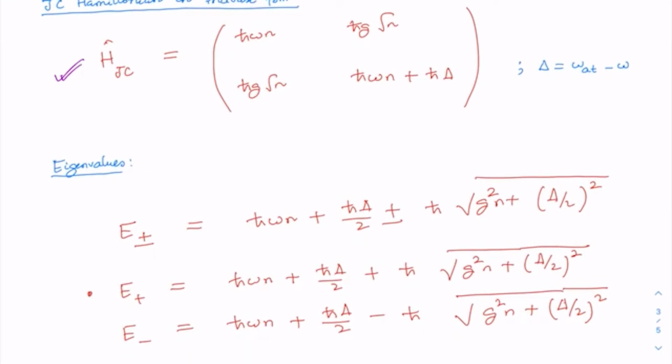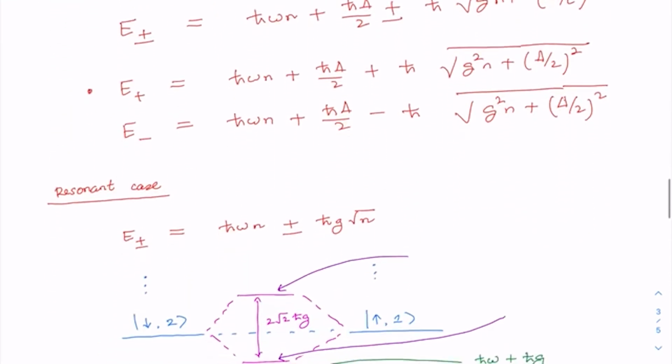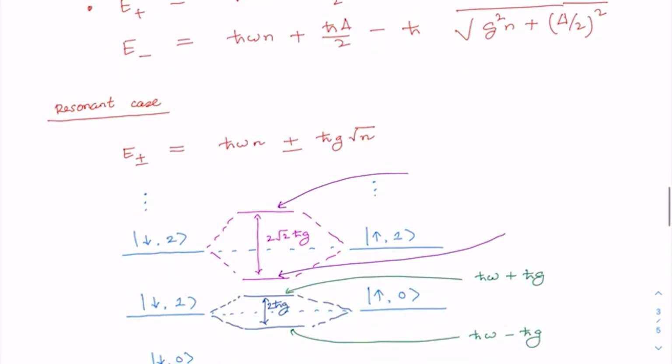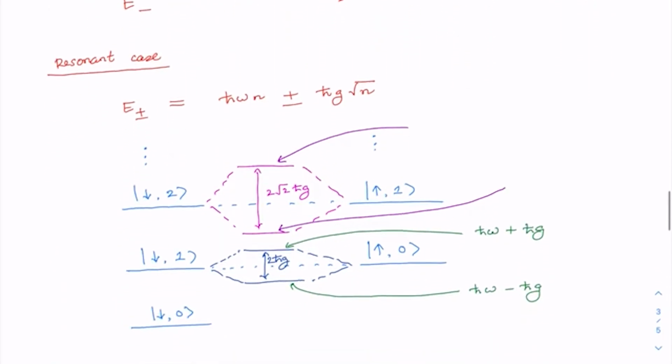The resonant case we discussed at the end, that means when delta is equal to 0, we saw that the energy level gets split into two, as we see for these particular states here.